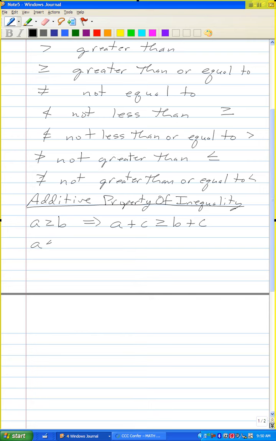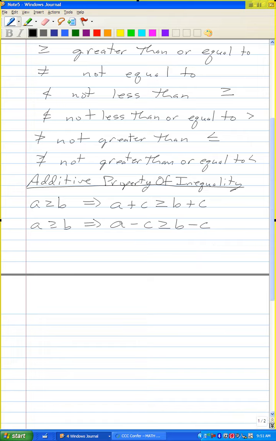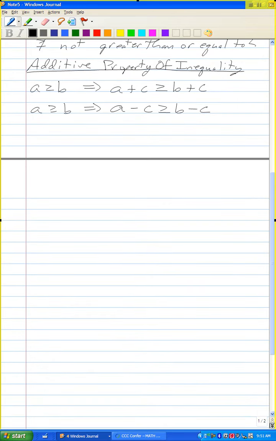Similarly, I can subtract the same quantity from both sides of my inequality, and my inequality remains invariant. I also have the multiplicative property of inequality.